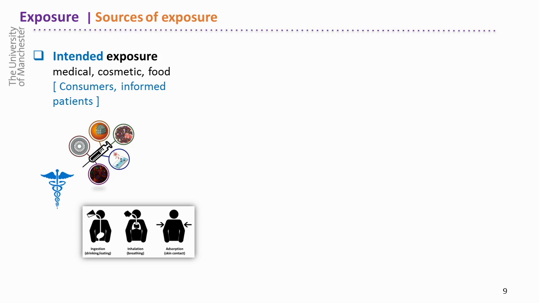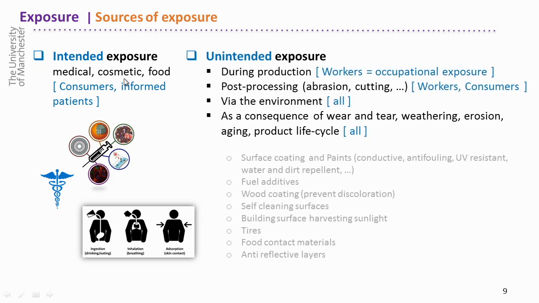Food packaging also contains some nanomaterials. So this is what we could classify as intended exposure. Unintended exposure, which is obviously more problematic because we have less control over it, is exposure from our environment, so from the place we live, the city we live in, and the places where we walk.